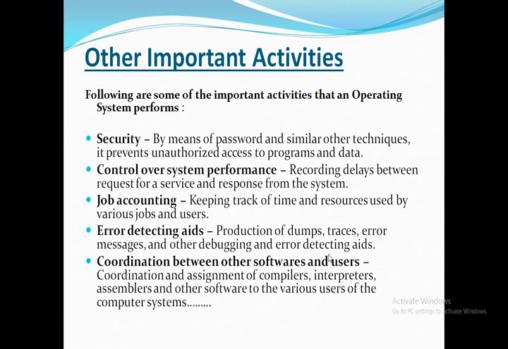Error detecting aids: production of dumps, traces, error messages, and other debugging and error detecting aids. Coordination between other software and users: the operating system coordinates and assigns compilers, interpreters, assemblers, and other software to the various users of the computer system.